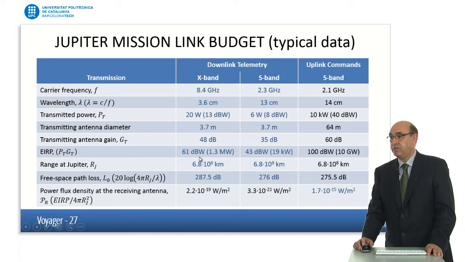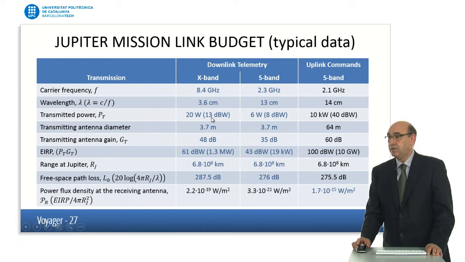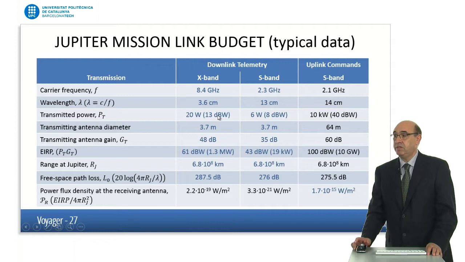Now, the first interesting parameter here is the equivalent isotropically radiated power, which is the product of the transmitter power times the antenna gain. In this case, you have here the power, you have here the gain. We have transformed the power in watts to dB watts. It's 10 log of this number, gives you 13 dB watts.